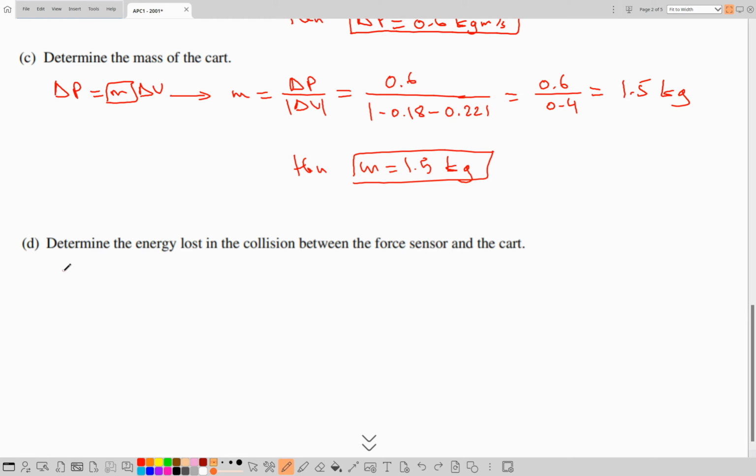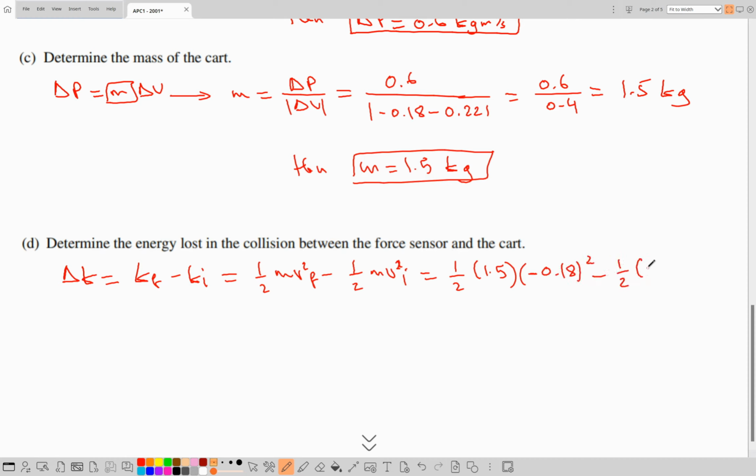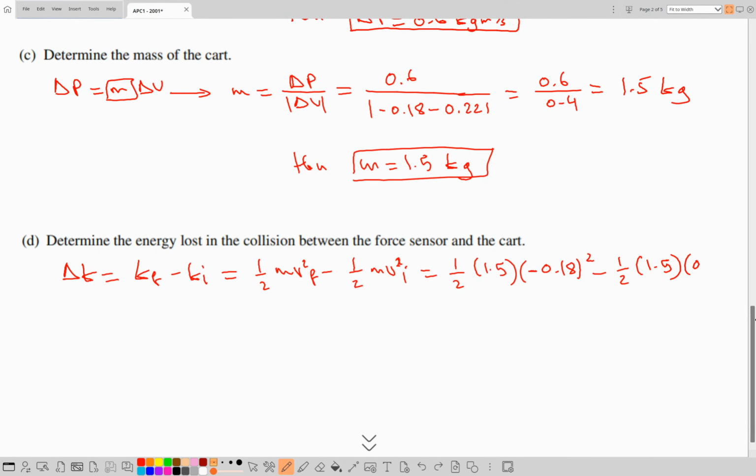So the energy lost would be the change in kinetic energy, delta K, which is K final minus K initial, equal to half m v square final minus half m v square initial. Now we have access to the mass, which is 1.5. The final speed is 0.18, to the power of 2, minus half 1.5 times the initial speed squared, which was already positive.